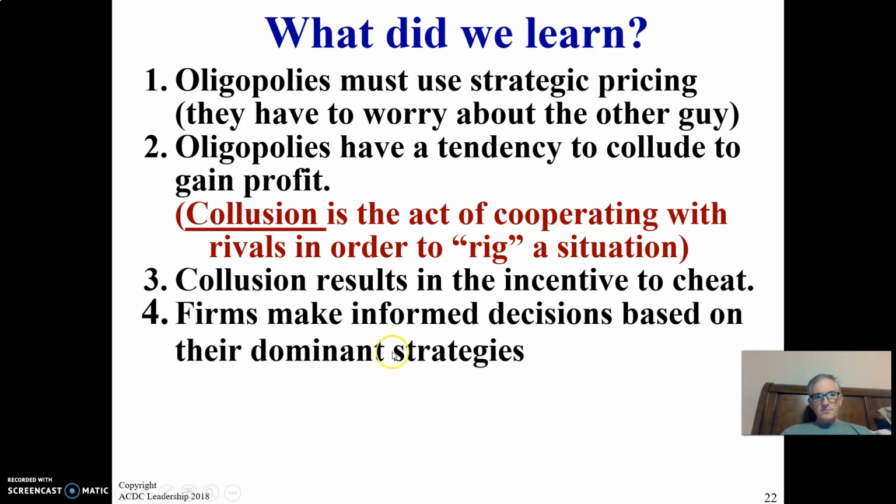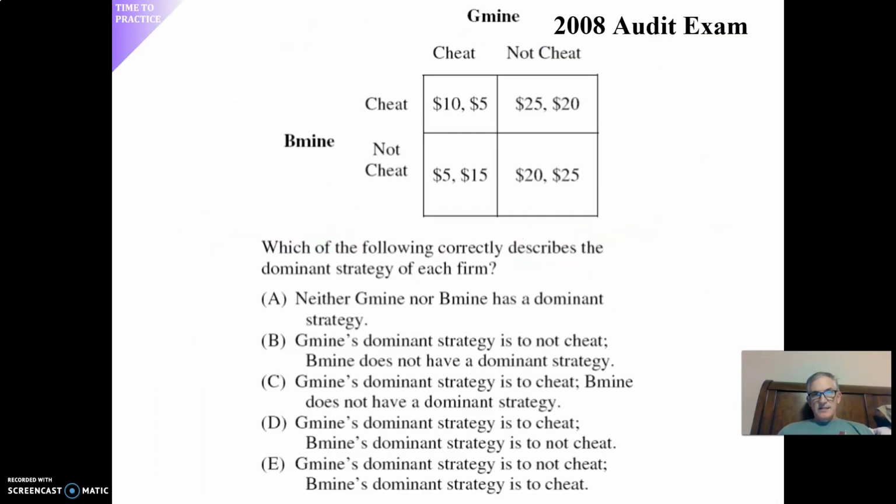Firms have to make informed decisions based on their dominant strategies, because if I'm going to benefit either way, I want to price mine so that I can make the most profit no matter what the other person does. That's known as dominant strategy.